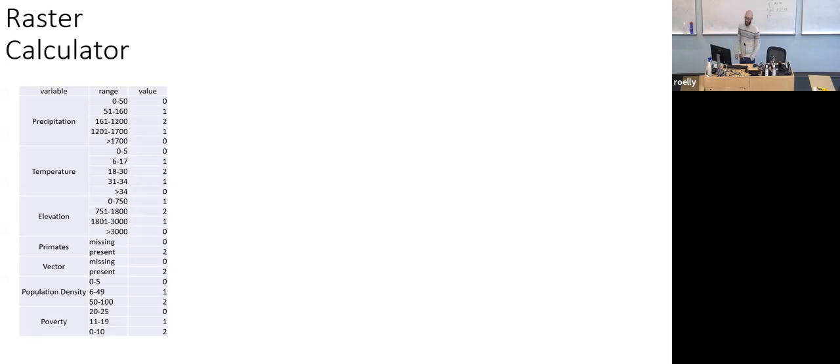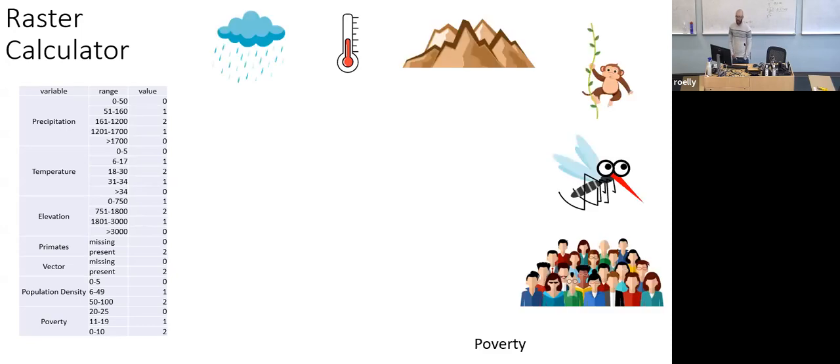So I was given this table right here, and I was given all of the maps that I needed. For example, precipitation, which goes from 0 to over 1700, needs to be reclassified into what they're calling this risk scale. So if there is a range of 0 to 50, we would say the risk is going to be 0.